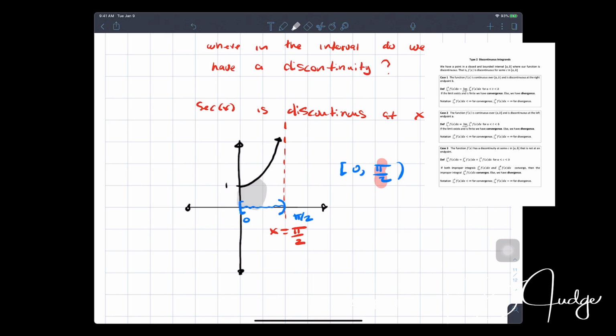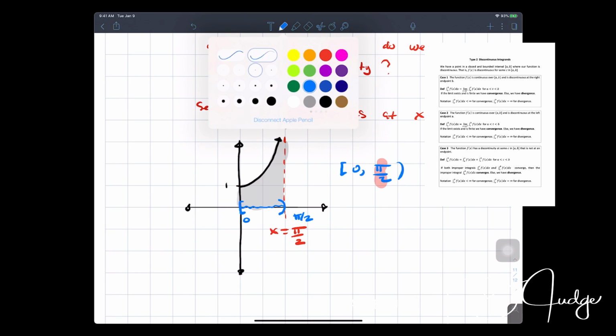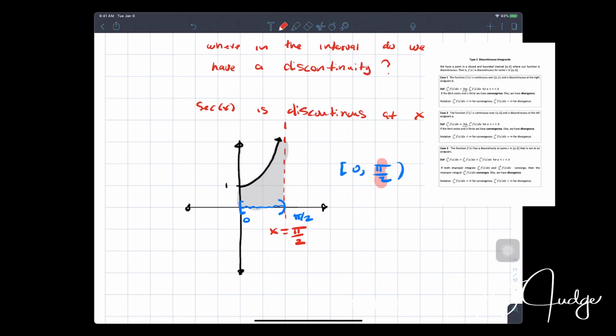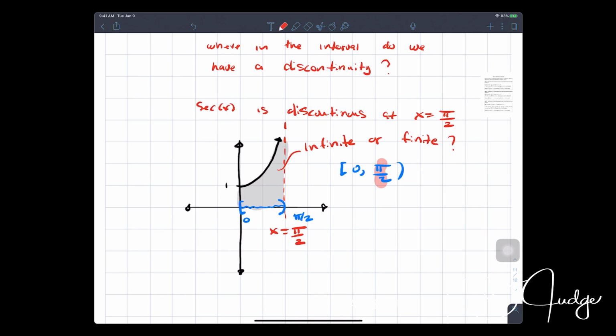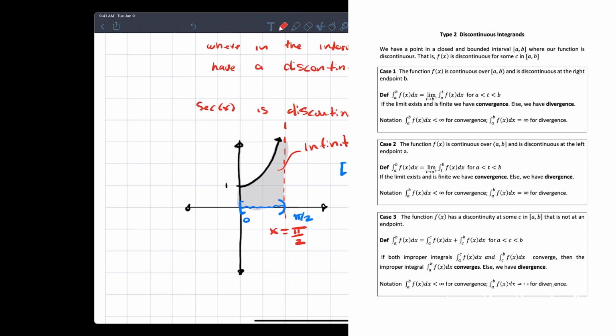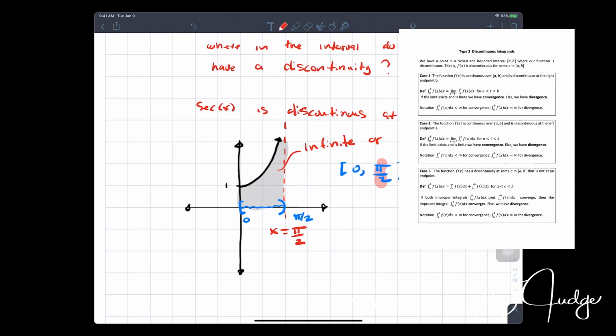And we're still trying to determine whether or not that area is going to be either infinite or finite. Okay, so here's our task. Let's write that down. Is this area infinite or finite? So that's what we're trying to do. And this is a case 1 situation.